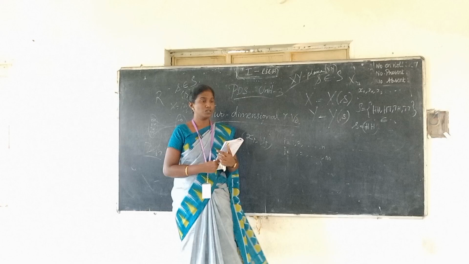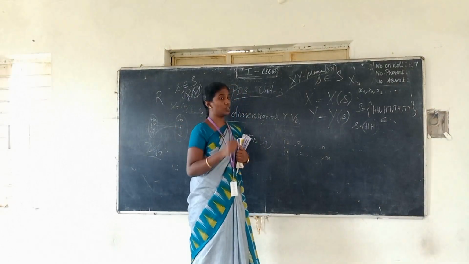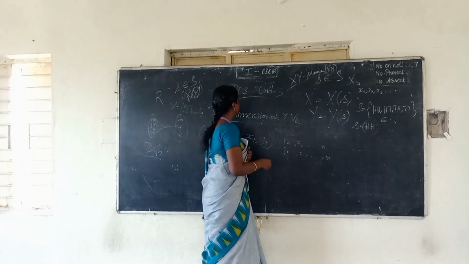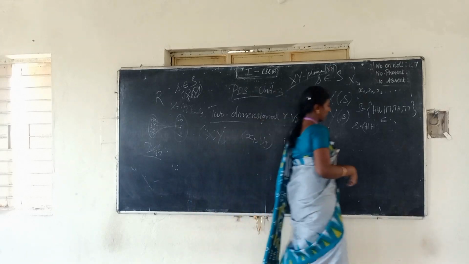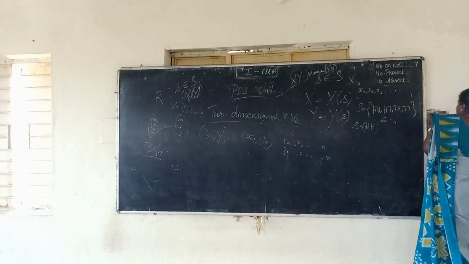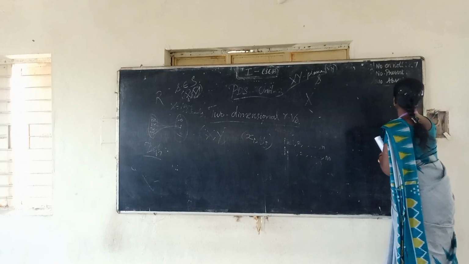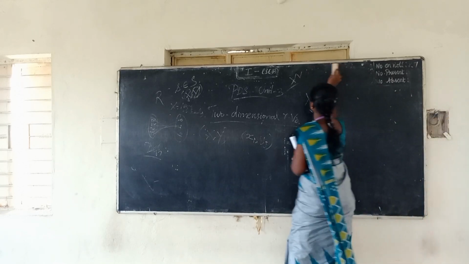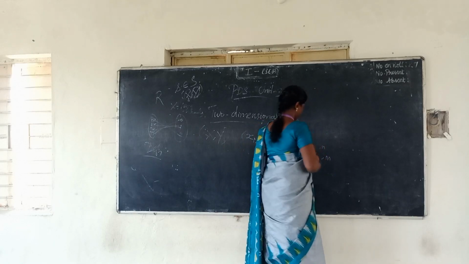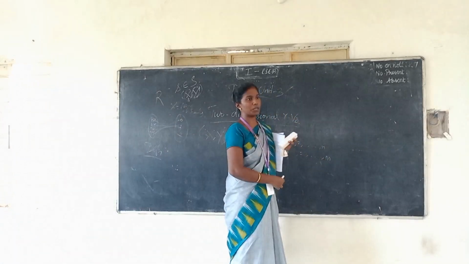Okay. So this is about continuous random variables. So we are going to draw a graph. Does anyone know what is the XY plane?